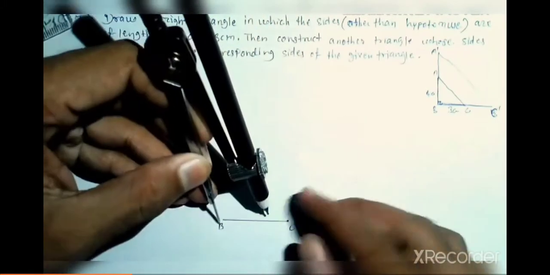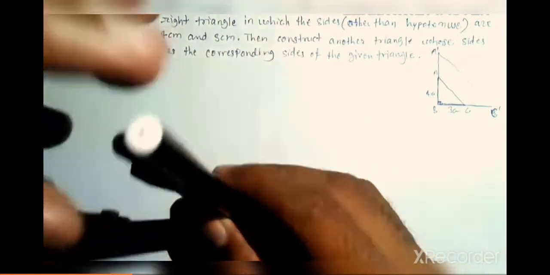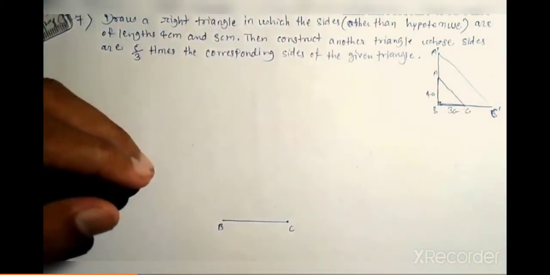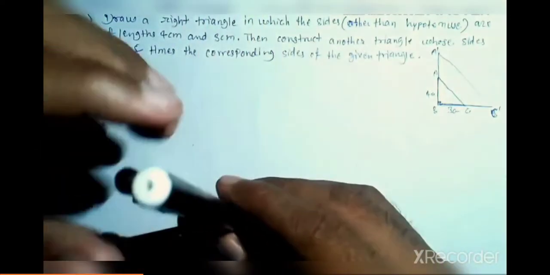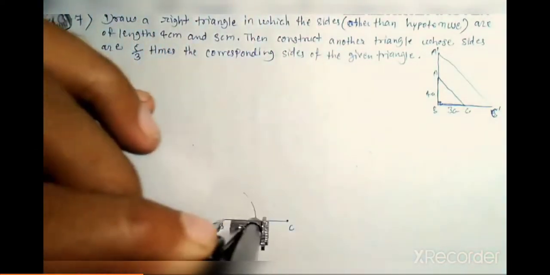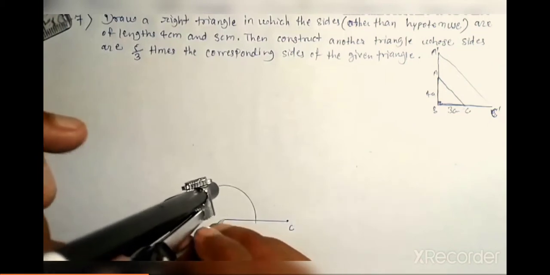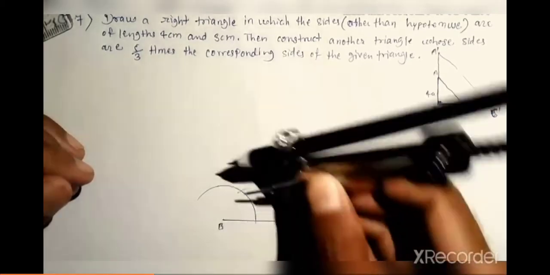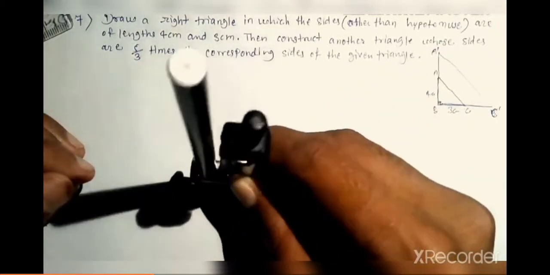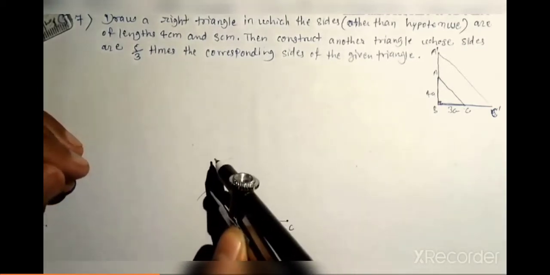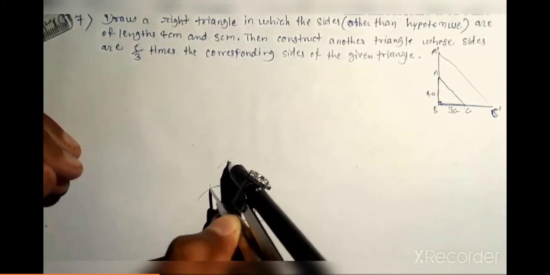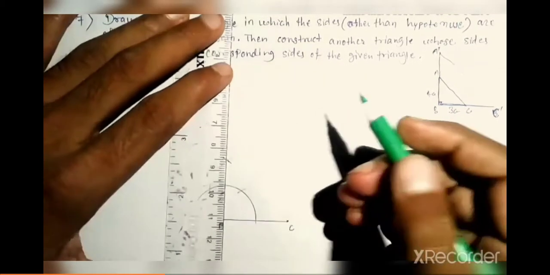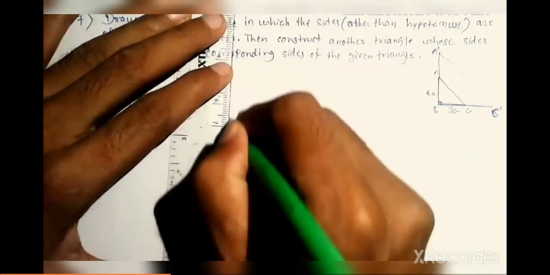Take 1 centimeter or 2 centimeter or 1.5 centimeter, cut an arc semicircle, and from that cut another arc. Then from the two arcs you cut another arc, where they meet, and mark that as 90 degrees. Then compulsorily it will be 90 degrees.